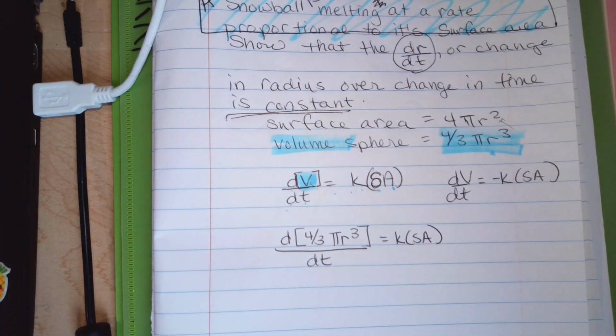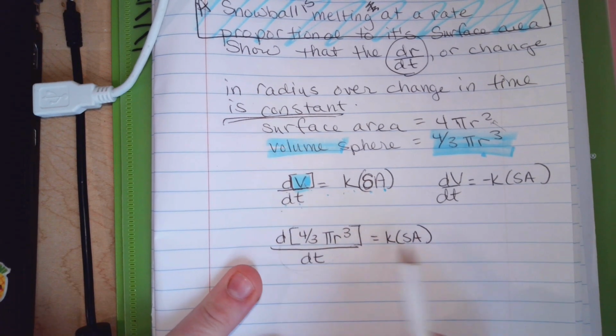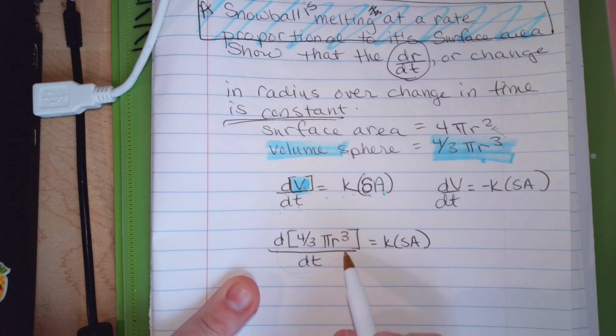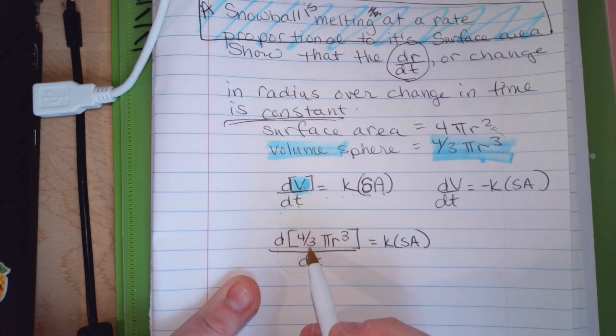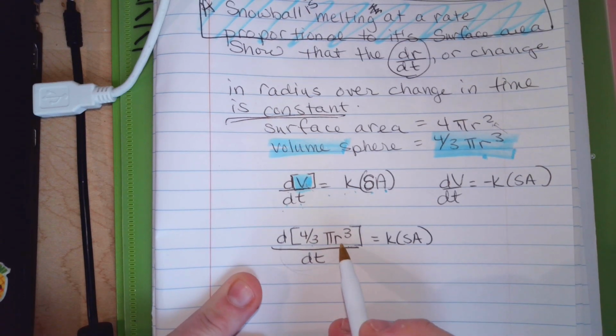Here I'm going to take the derivative with respect to time. 4/3 is a constant, pi is a constant, and we're going to take the derivative of r with respect to time.